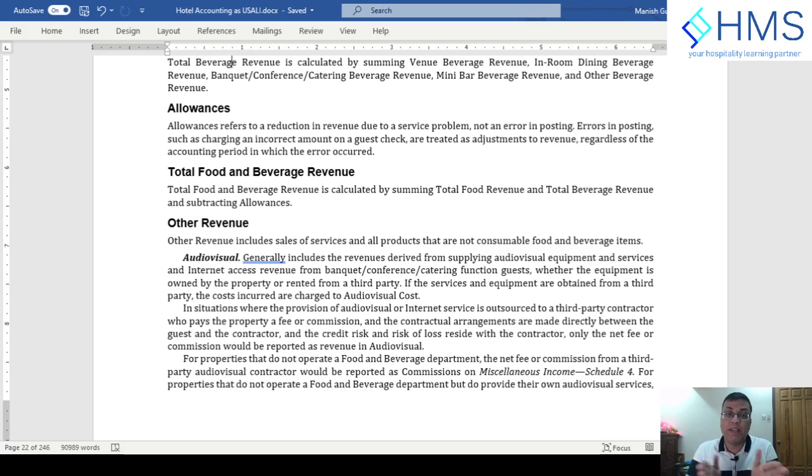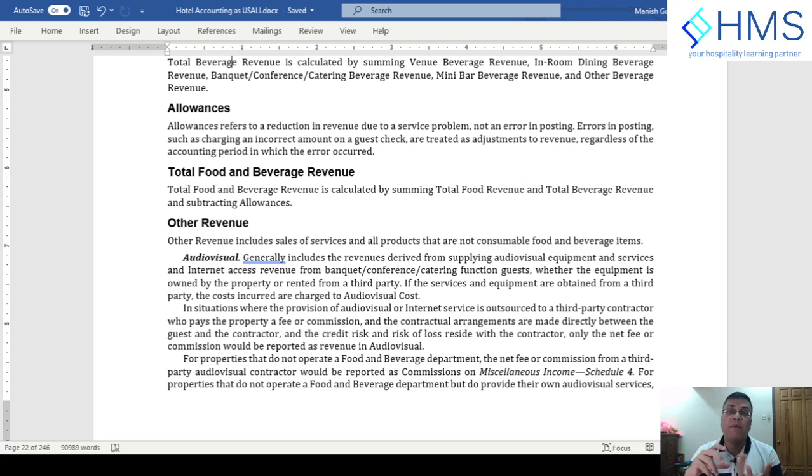So you have to be careful here when recording allowances. You should not be assuming that all the allowances are recorded automatically. You need to actually go check in the system whether all the allowances because of service recovery are given.